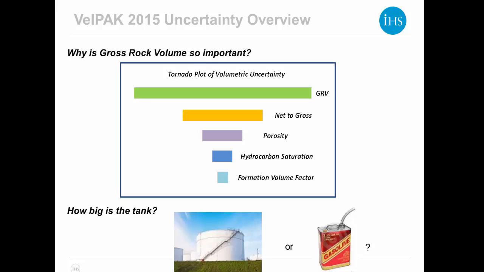Porosity, for example, can only change by a few percent, while the GRV can be hugely different depending on a varying oil-water contact. So, if we really want to know how small or large our oil or gas field can be, we need to have an idea about the variability in the size of the tank. So, how do we do this?